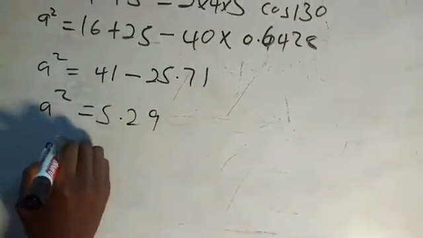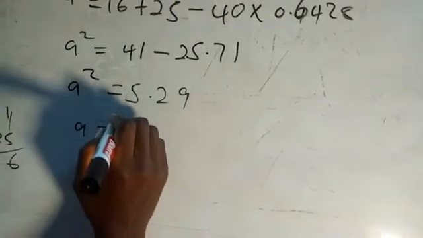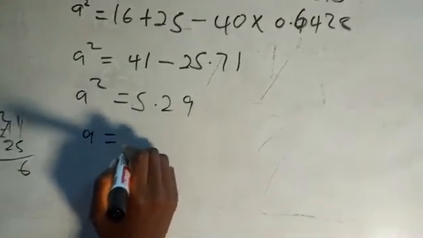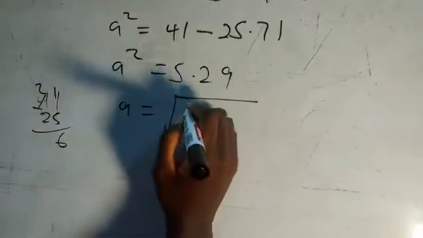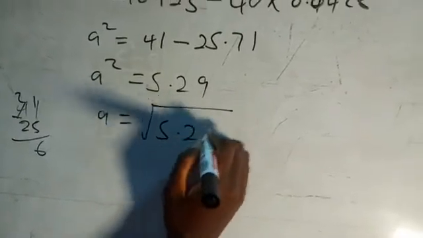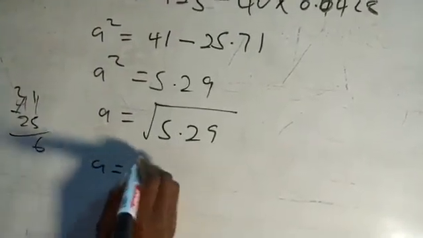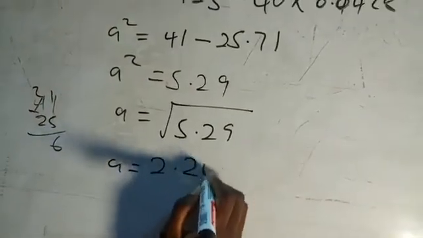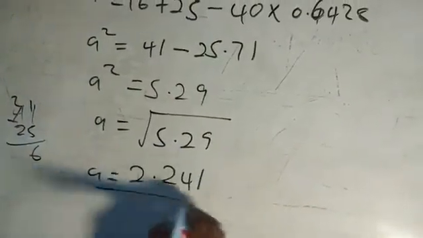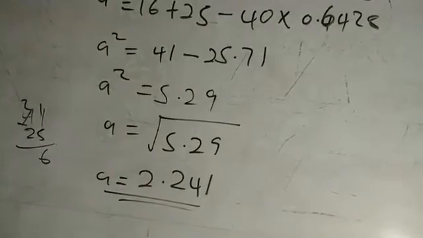By applying a square root on 5.29, it will be 2.241, which is your side.